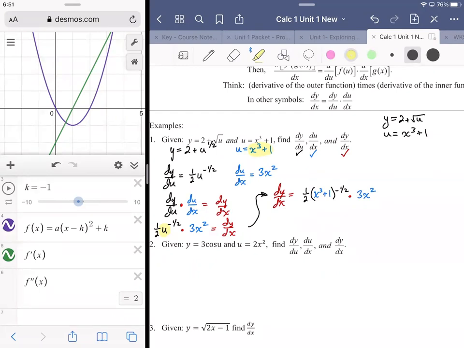What we just figured out, dy dx, is what the derivative would be if we replaced u in the original expression with what it truly was, because we could have done that and then found the derivative of that.